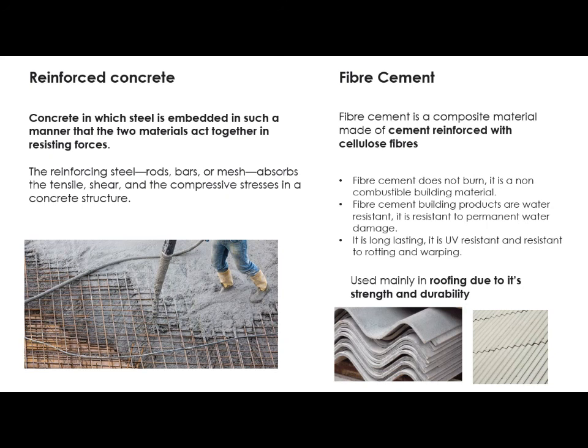It's really resistant to things like impact, so hailstones and stuff are not going to damage this kind of roofing. It's non-combustible, it's not going to burn. It's very water resistant, and it's resistant to permanent water damage. It's very long lasting. It's got excellent resistance to UV.